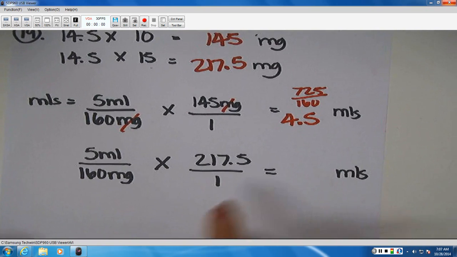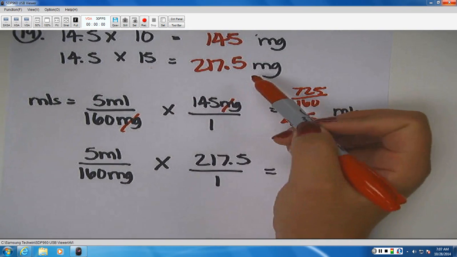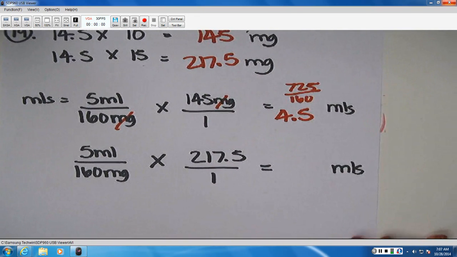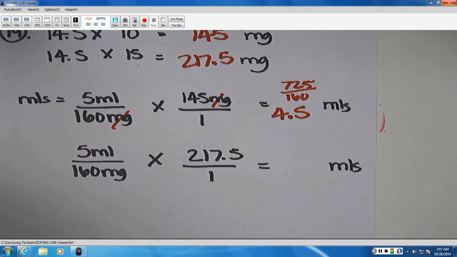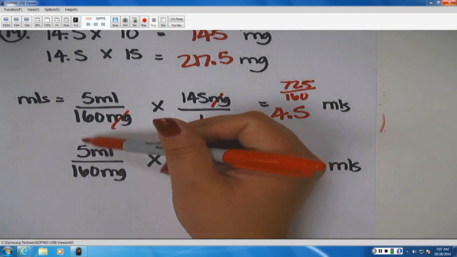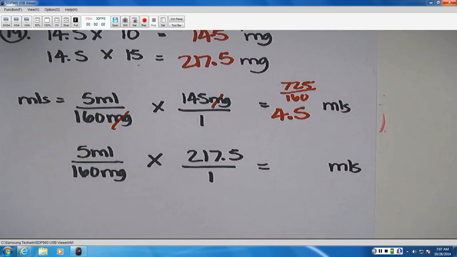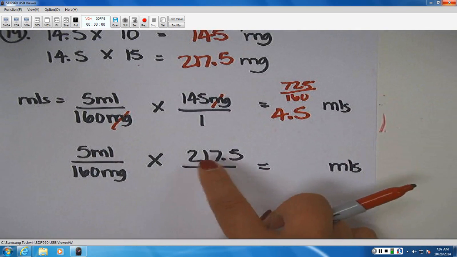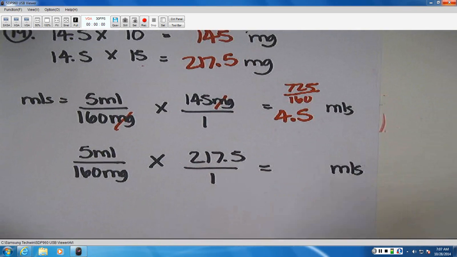Down here, my top safe range was 217.5 milligrams to be given. So if I wanted to give the top end dose of this Tylenol, how many mLs am I going to give? So again, I have a concentration of 160 milligrams in 5 mLs, and I want to give 217.5 milligrams.